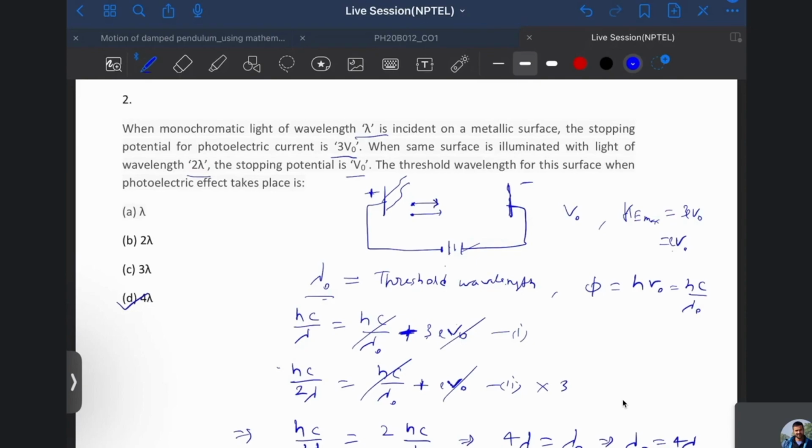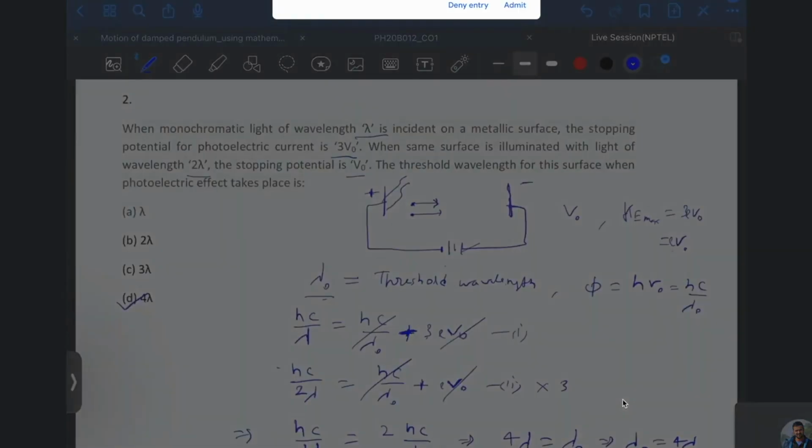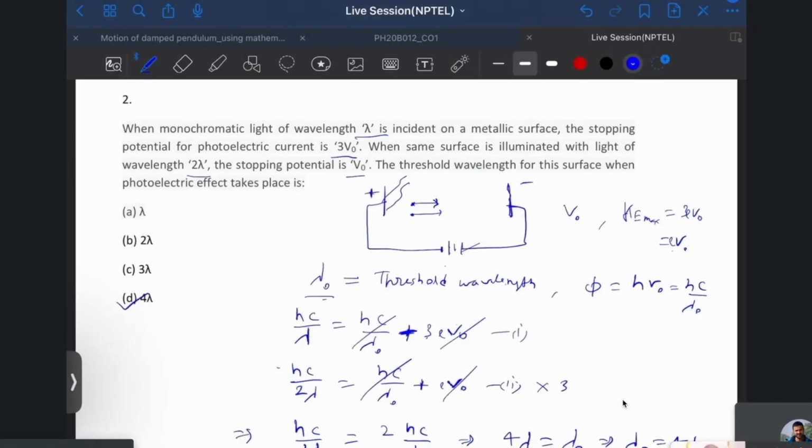You just have to write two photoelectric equations, and from there you can calculate the threshold. If you had just one piece of information, it wouldn't be enough, because you would have two unknowns and you need at least two equations.